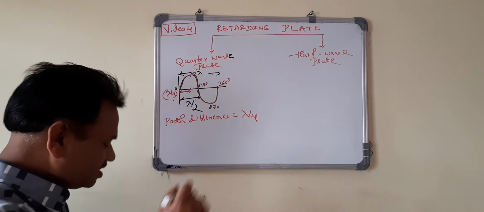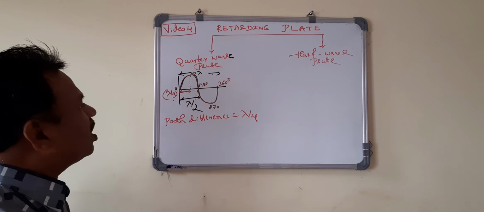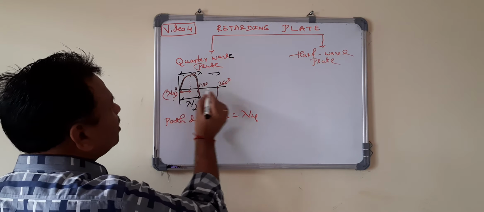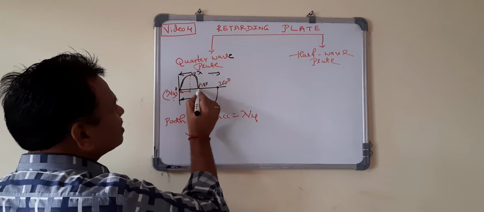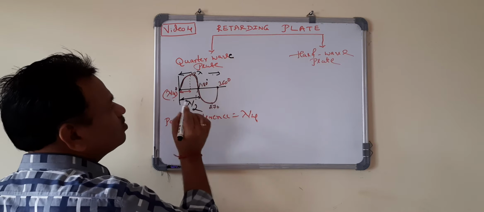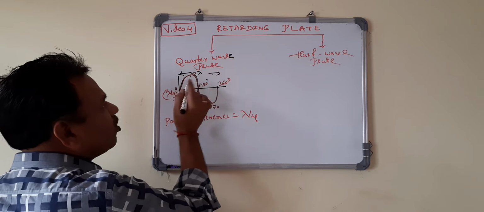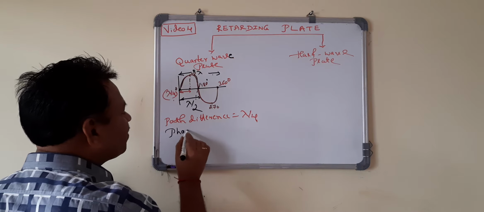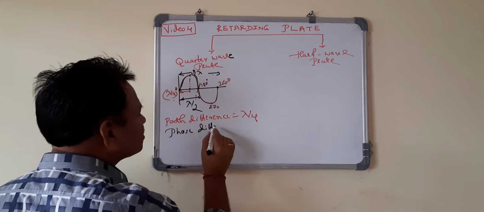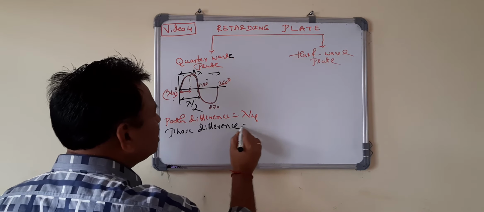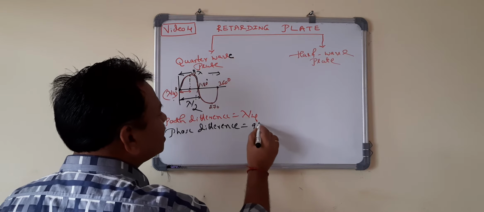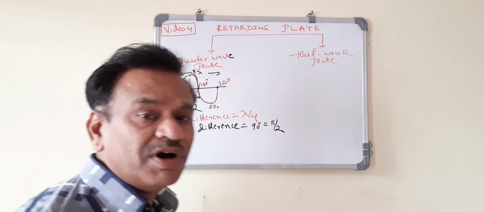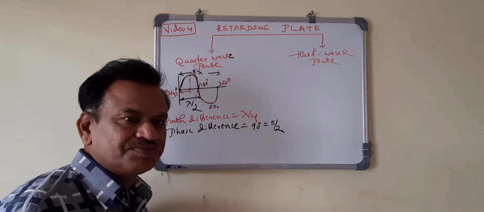One complete wave is 360 degrees. Half of it is 180 degrees, and again half of that becomes 90 degrees. That is called the phase difference. Phase difference equals 90 degrees. 90 degrees in radians, we write as pi by 2.